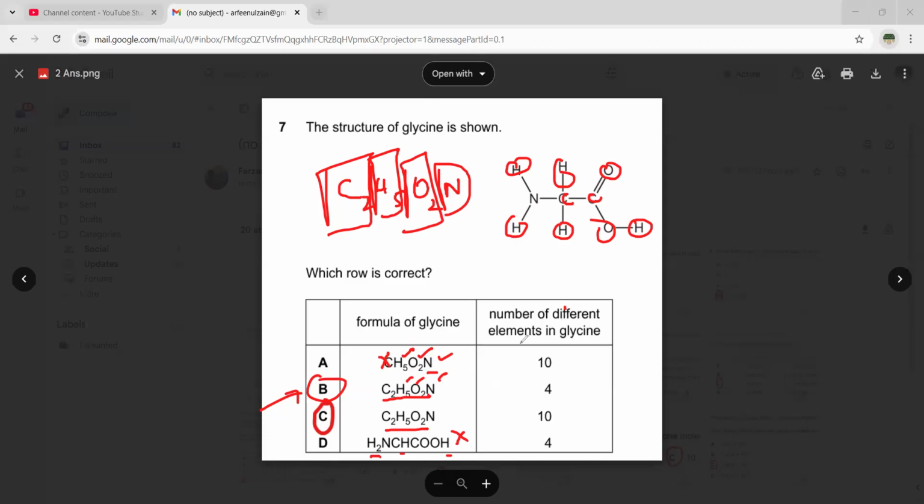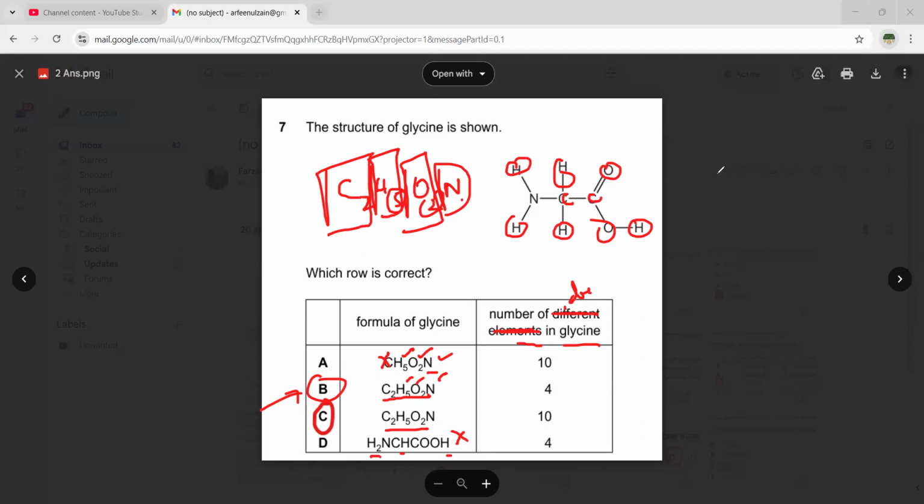They asked for the number of different elements. If the question was how many atoms are there, 5, 6, 7, 8, 9, 10, then we would write 10. But they ask for elements.